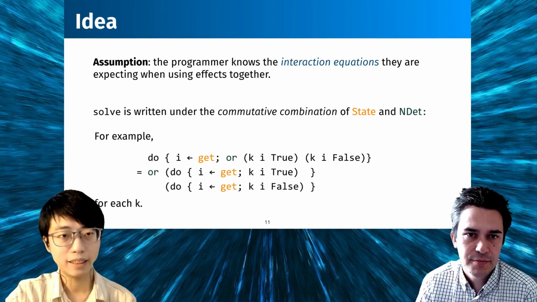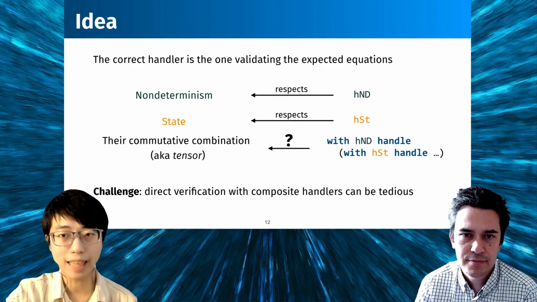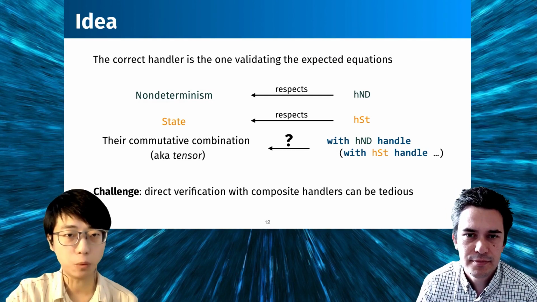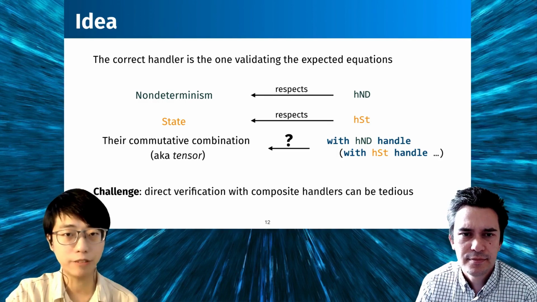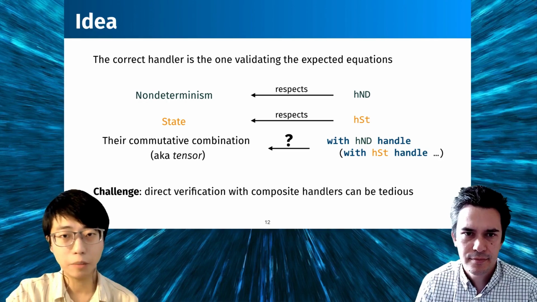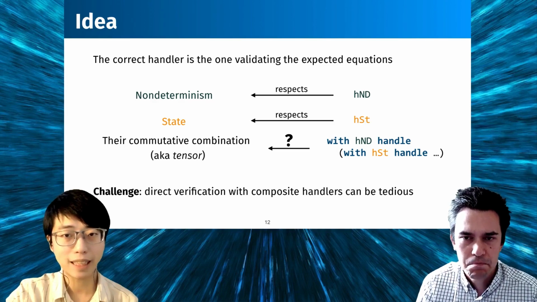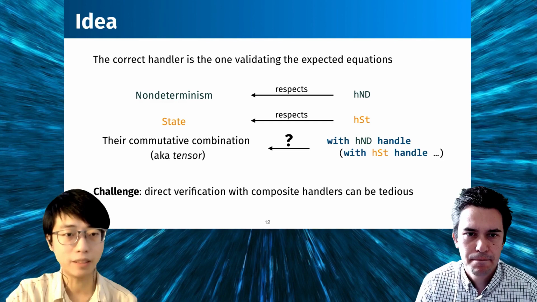I see. I think this explains why only one particular order of composing the handlers of state and non-determinism works for your solve program. Since your program assumes the commutative laws, technically you are assuming the tensor of non-determinism and state. You need to make sure your composite handler indeed respects these laws, just like you showed your handlers HND and HST respect their theories.